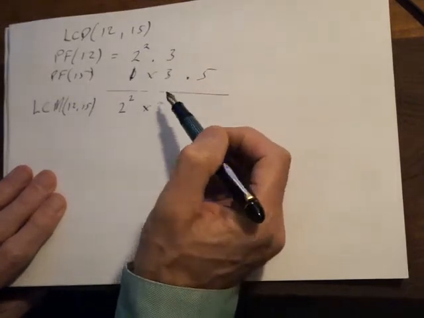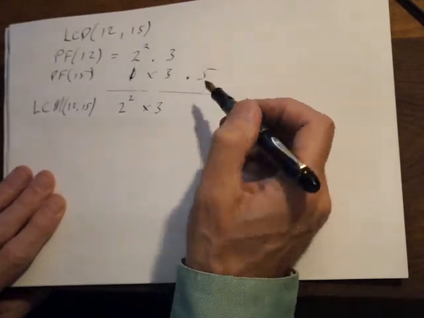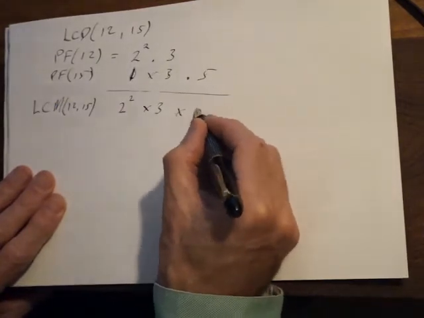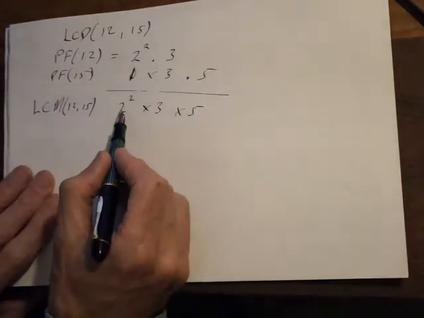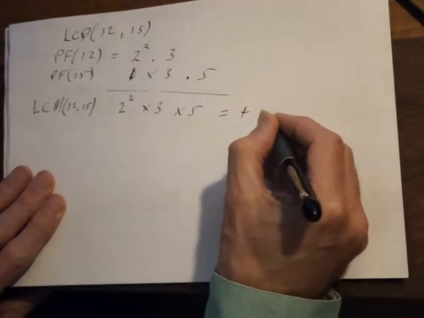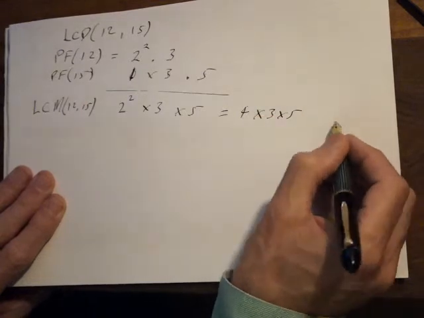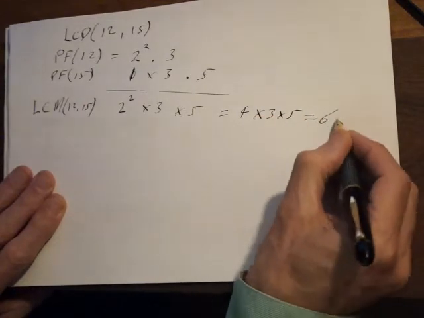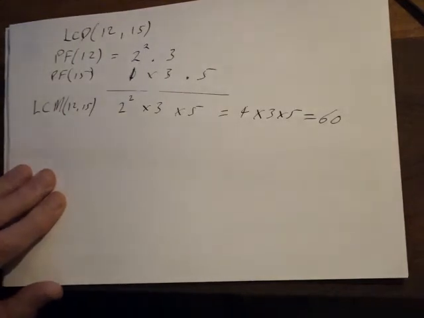And the biggest one of these is a 5 and, well, there's nothing over there, so it's a 5. And that means the lowest common multiple of 12 and 15 is 2 squared times 3 times 5. 2 squared is 4, so it's 4 times 3 times 5. 4 times 3 is 12. 12 5s are 60. That's the lowest common multiple of 12 and 15.